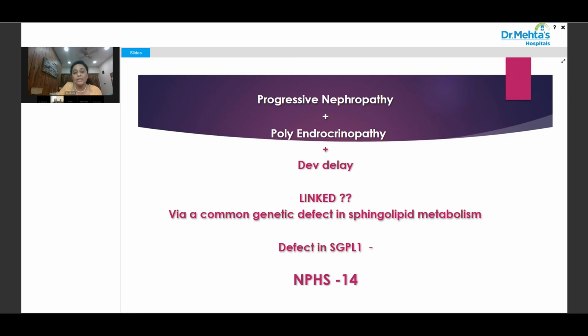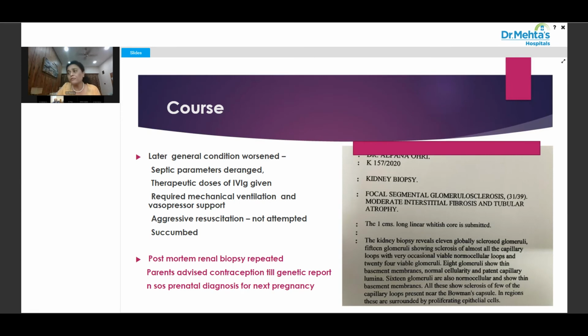So we counseled the parents accordingly that it's likely to be a genetic condition. We did not pursue very aggressive management, and after some time the child developed sepsis and required mechanical ventilation, but we did not push it too far, considering that it was a very grim disease.